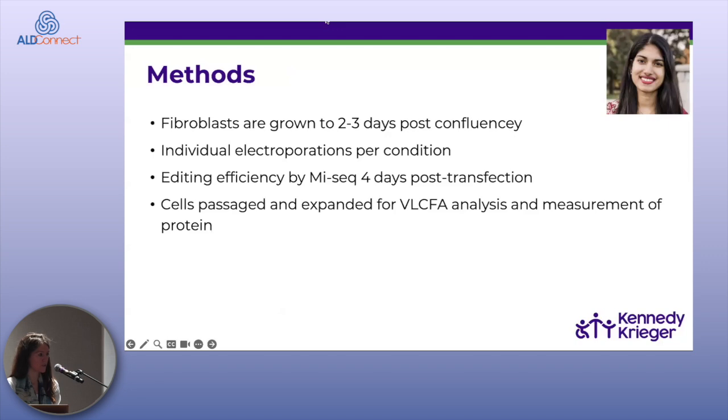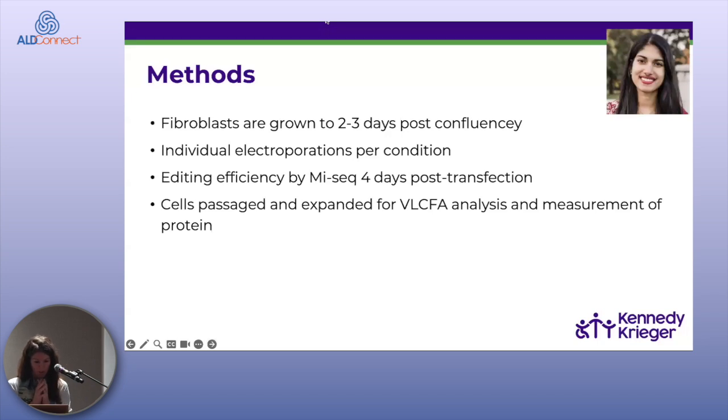We've done individual electroporations per condition, so there's a lot of different combinations and a lot of different conditions that we've been looking at. We do these individually, introducing these base editors to the cells. We look at editing efficiency, so we can sequence these cells to see how well those edits took. And then we passage the cells, we grow them up, we expand them. We look at very long chain fatty acids, and then we measure or attempt to measure protein.